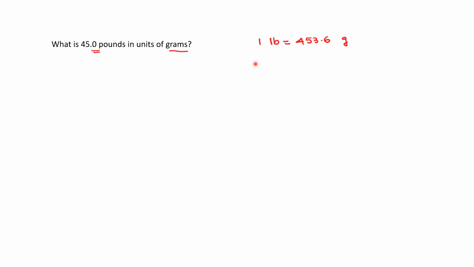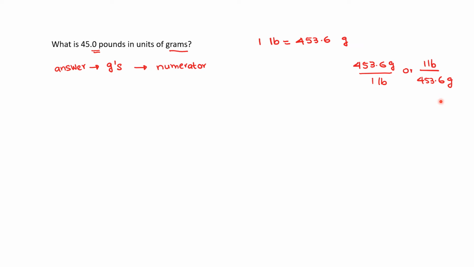This is the relationship of the units, so we are going to write two fractions. You can write grams in the numerator and pounds in the denominator, or pounds in the numerator and grams in the denominator. Then you are going to write the numbers associated with the units.